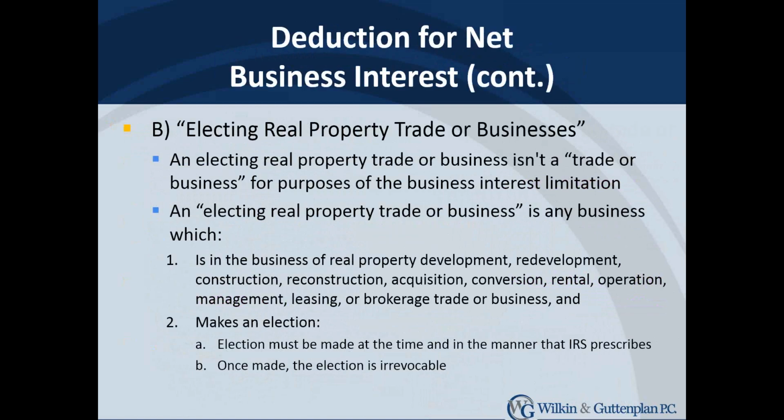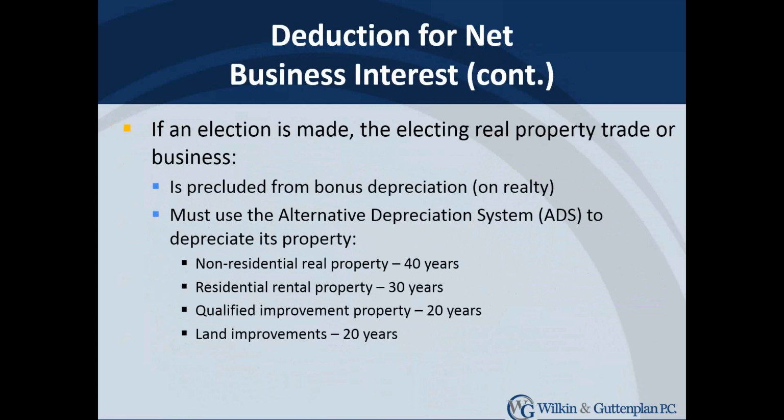If you make the election not to be subjected to the limitation on interest, then the offset is that you're precluded from using bonus depreciation, presumably on realty, and you must use what we discussed earlier in the webinar, the alternative depreciation system, which is a longer life write-off, and these are the categories of depreciation.